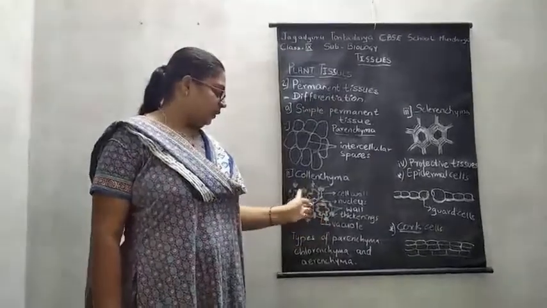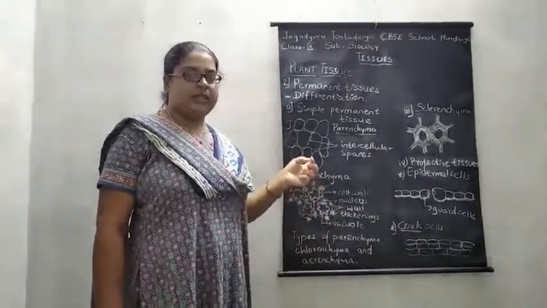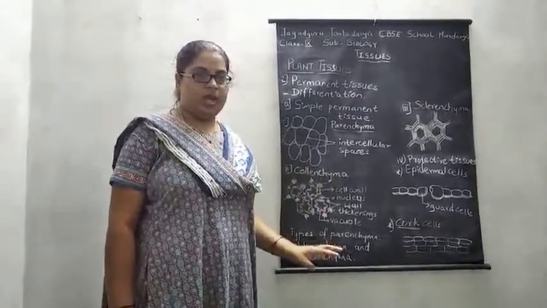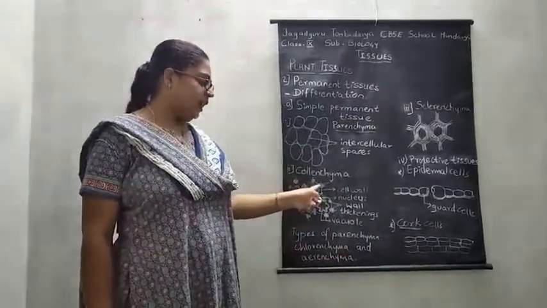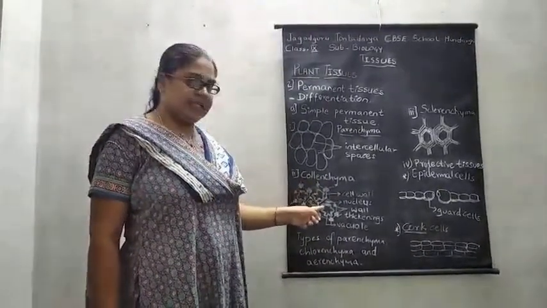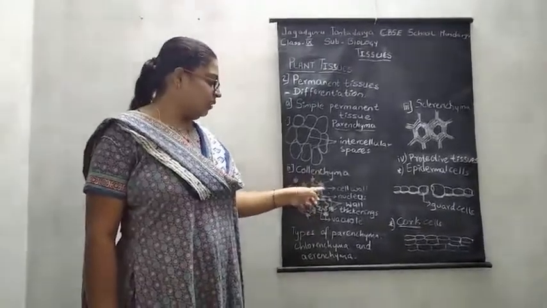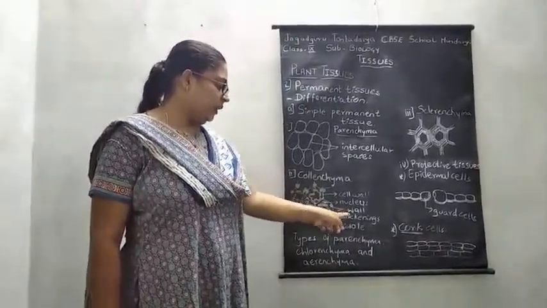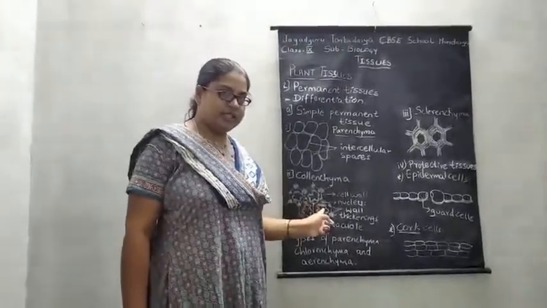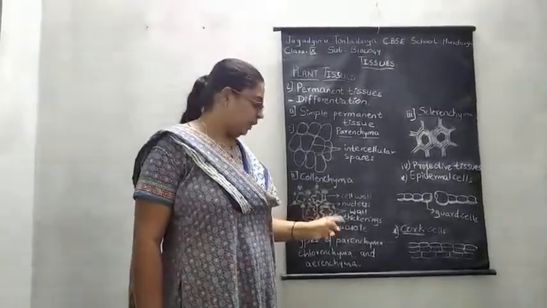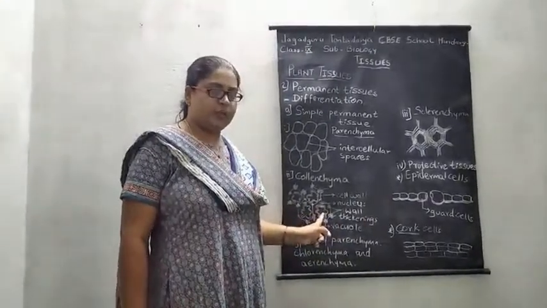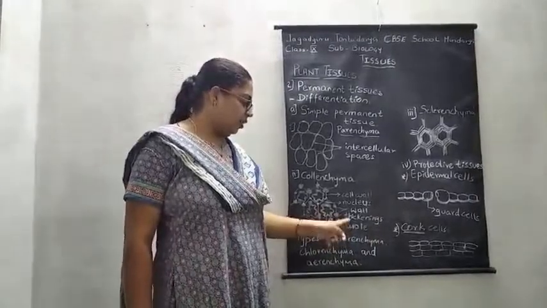Okay, there is no intercellular space, and the cells are irregular, and they have chemicals deposited in the cell wall, making it thick, and in the center of the cell, a vacuole will be present.